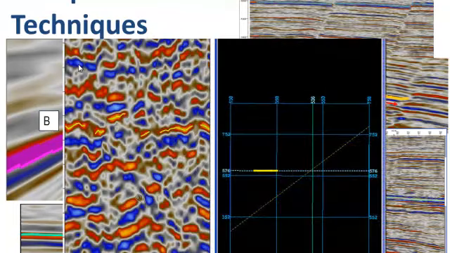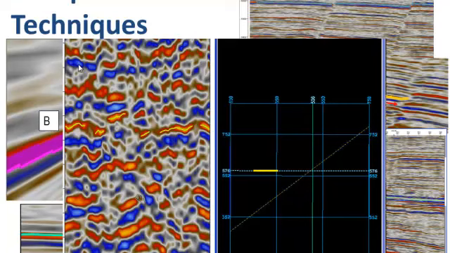What else? The window itself: in order to keep a very good resolution, some geophysicists would like to focus, so they are narrowing the window of the interpretation in order to focus on the reflector itself.